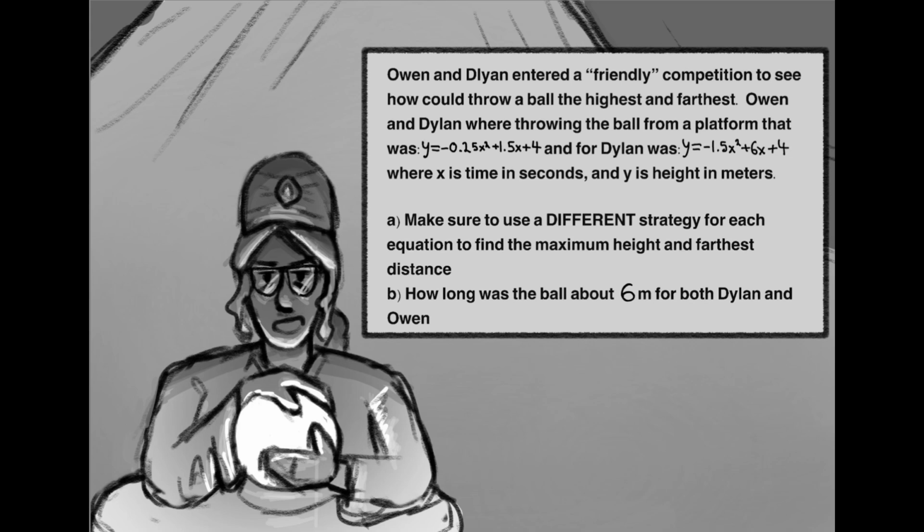A. Make sure to use a different strategy for each equation to find the maximum height and farthest distance. B. How long was the ball at 6 meters for both Dylan and Owen?